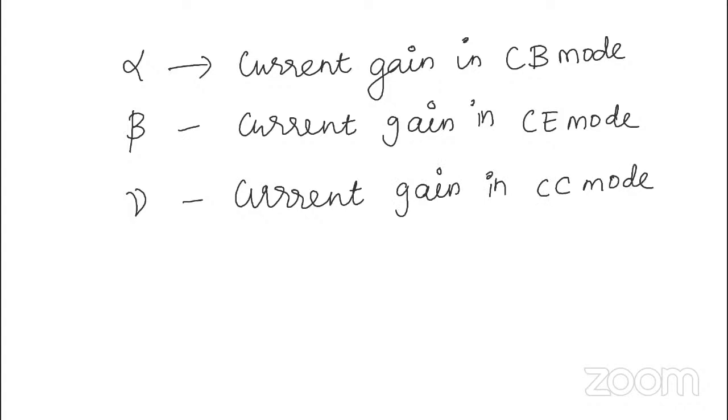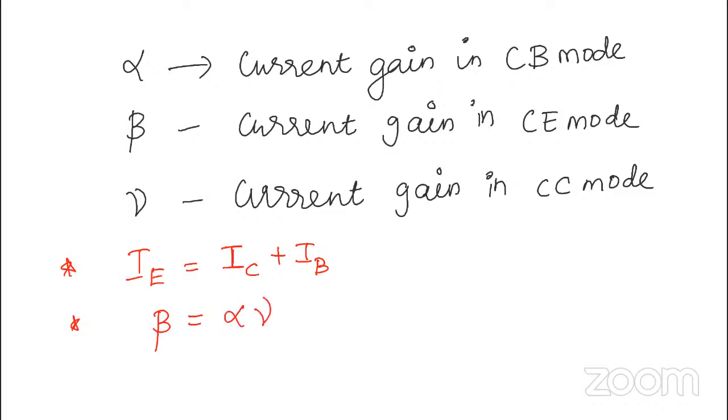Okay, and one more simple formula is there. That is IE, the emitter current, is nothing but a combination of both collector and base current. So it is a sum of IC plus IB. So this is one important formula. And one more, beta is equal to alpha into gamma.